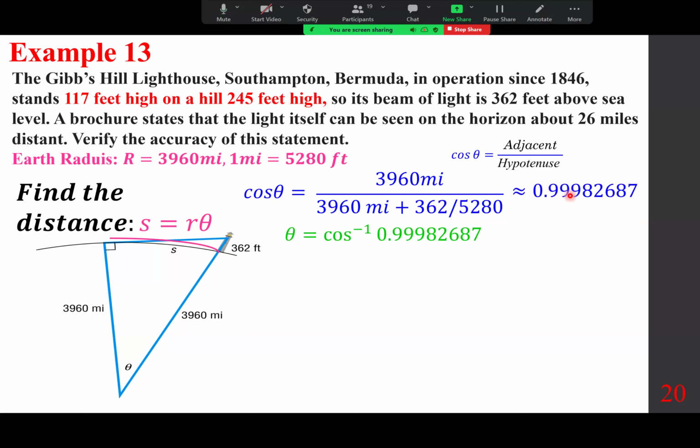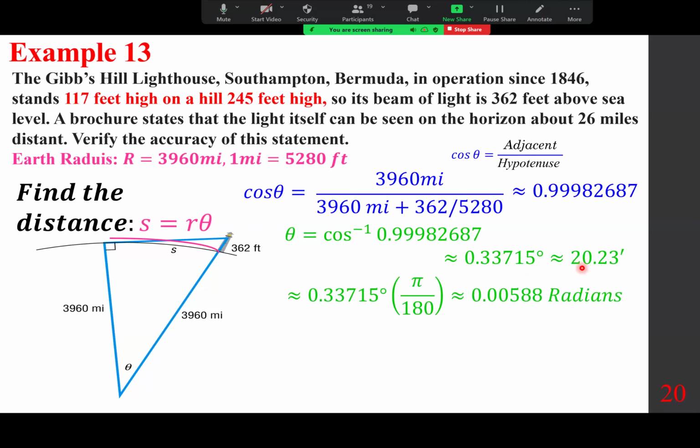If you put it into a calculator, it gives you a very small angle, 0.33715, about 20 degrees, 20.23 degrees. Remember, S equals R theta. We found theta, but theta has to be in radians. So multiply by pi over 180. So it's 0.00588 radians.